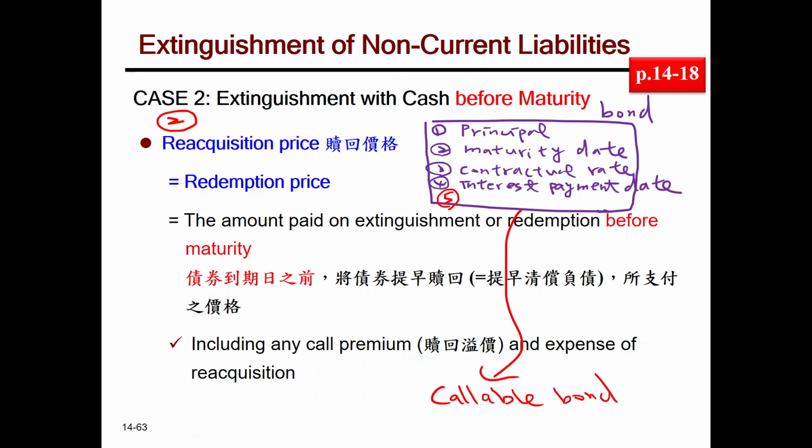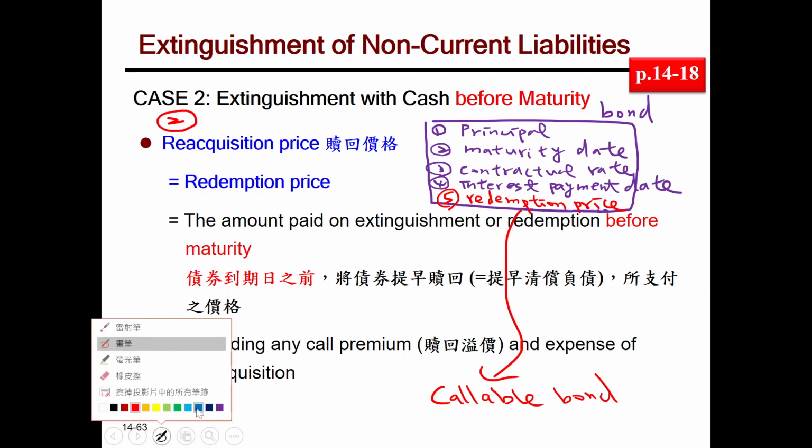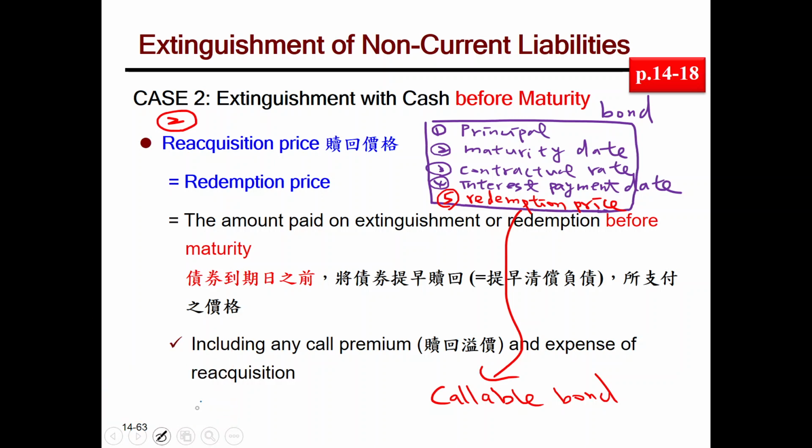So you will tell them how much money we are going to pay if we decide to buy back the bond earlier. Okay? So in the beginning we'll tell you the redemption price is, for example, 110. What does it mean? 110% of your principal.